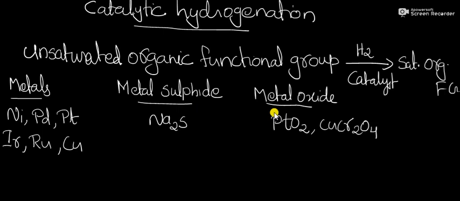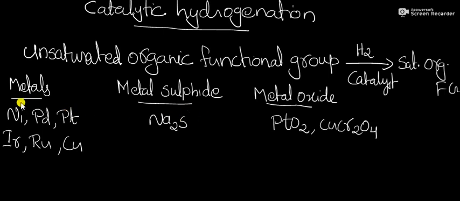There is no selectivity in hydrogenation reaction using catalyst, that is, almost all types of unsaturation get reduced. And it is difficult to predict the stereochemistry of the product using catalytic hydrogenation.